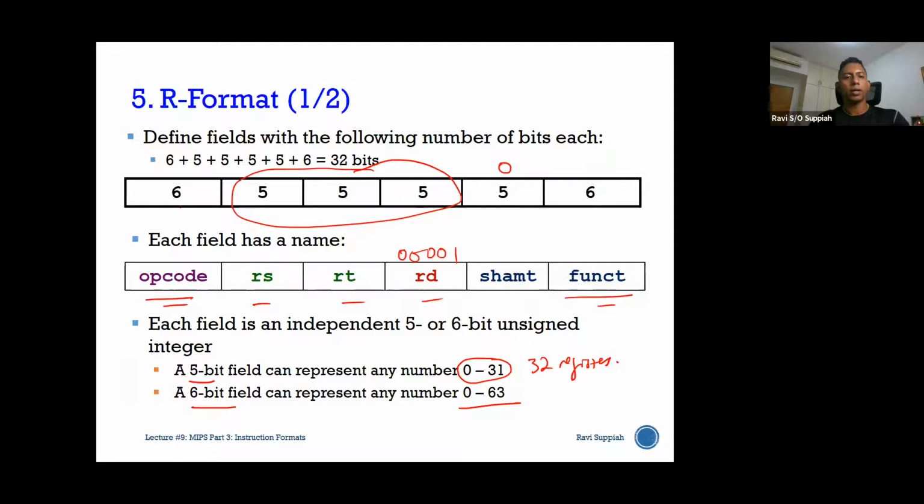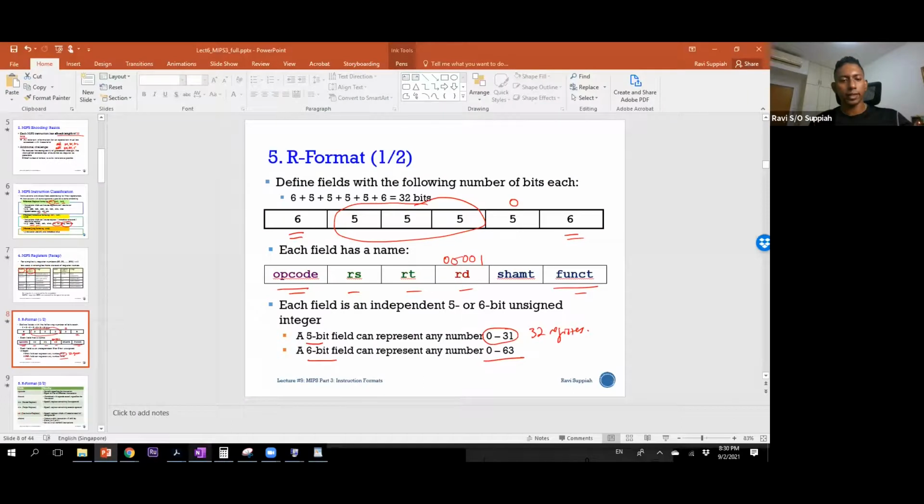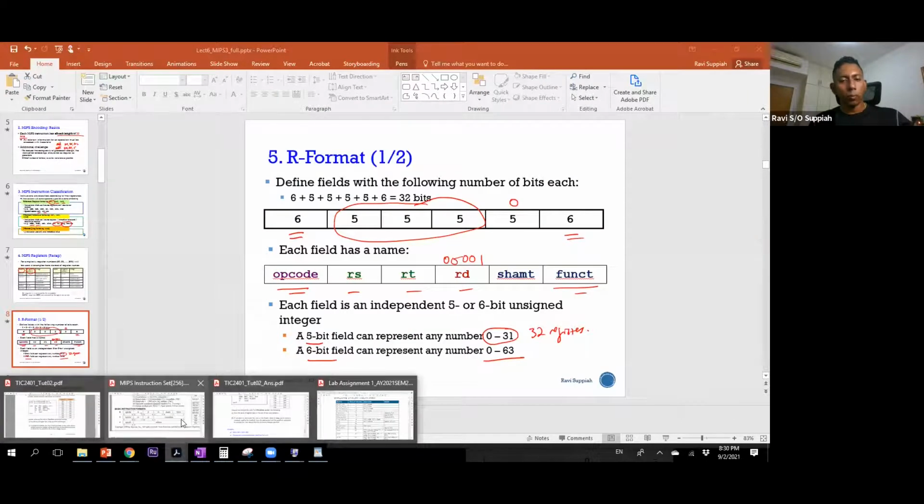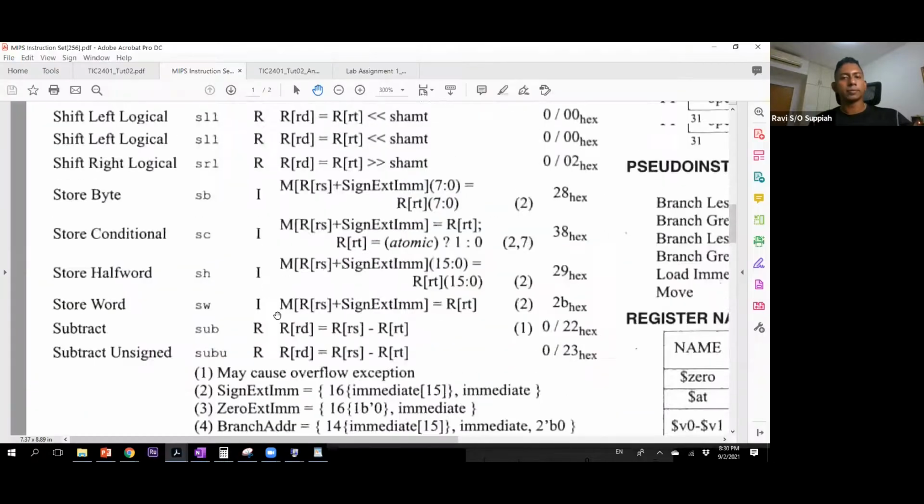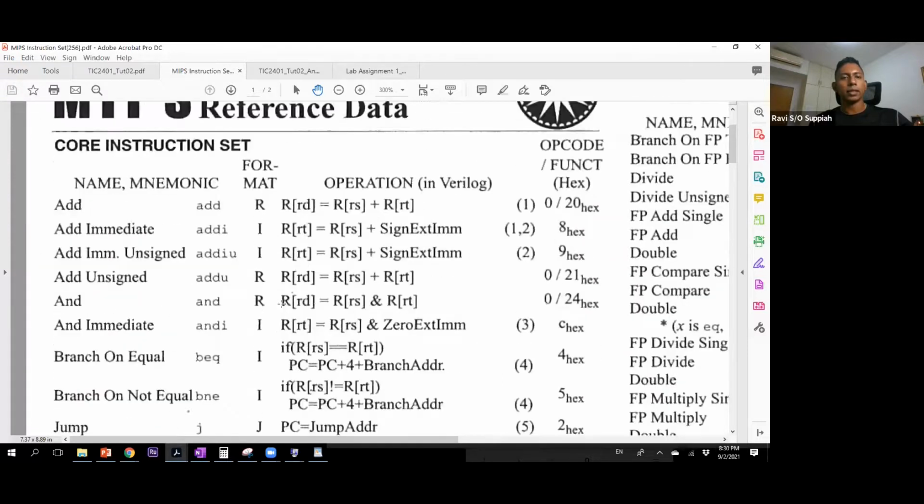So how do I figure out these 6 bits and these 6 bits over here? That is where your instruction set comes in. So let's look at your instruction set. If you look at your add instruction for R type format, the format here, the first one, is R, so it's RS, RT into RD.